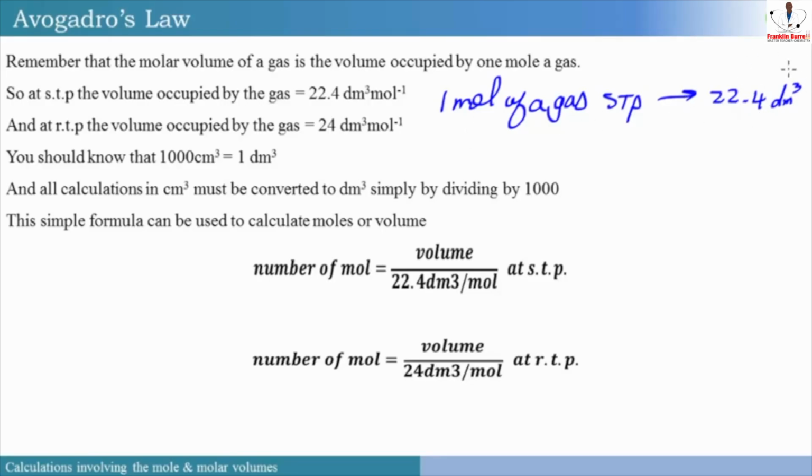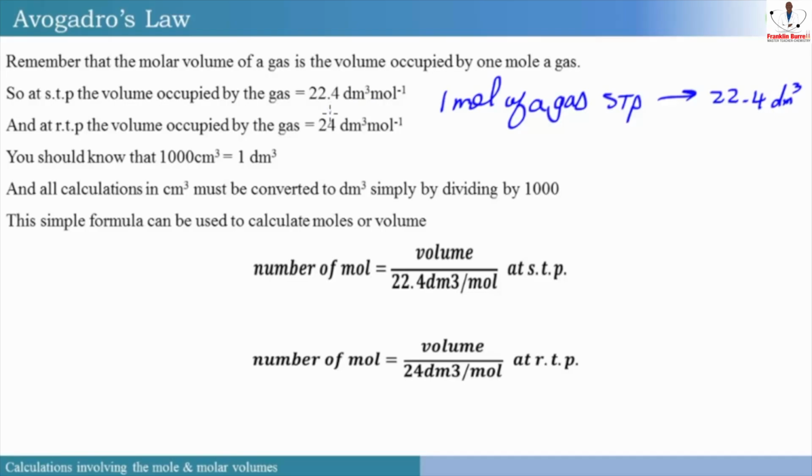So at STP, the volume occupied by a gas is 22.4 dm cube per mole.